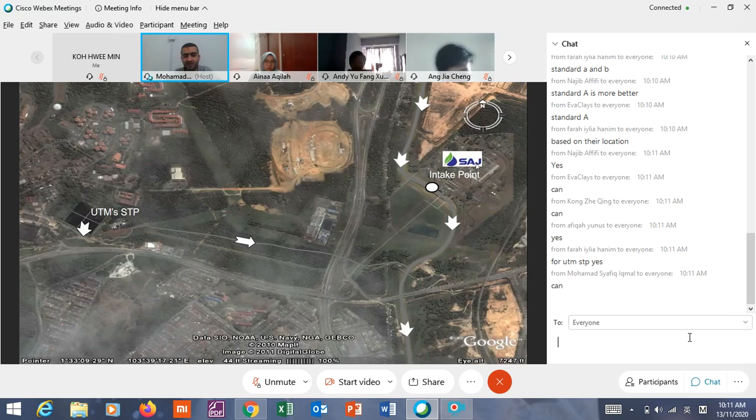Because the intake is coming before the sewage treatment discharge, correct? So we are collecting water before mixing with any kind of polluted wastewater. We can safely dispose at standard B because there are no water intake points in this area, along this line. So in that case, we can follow standard B.